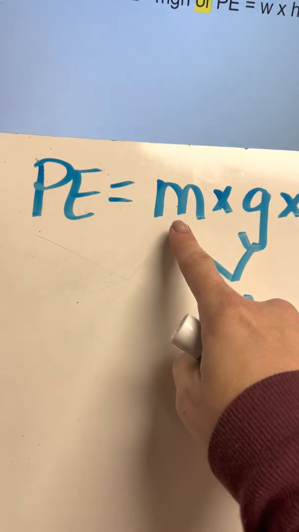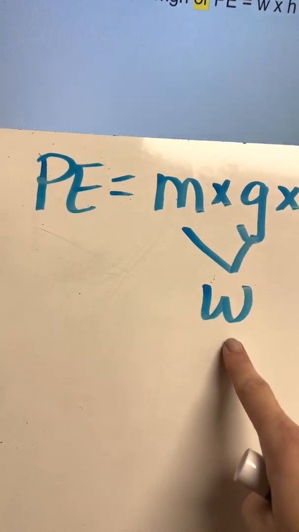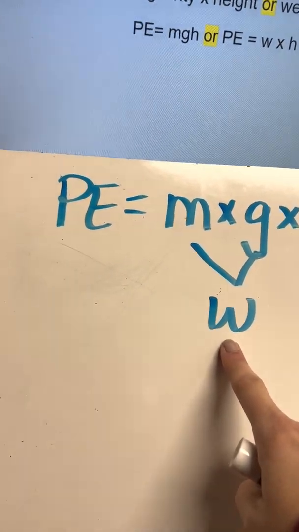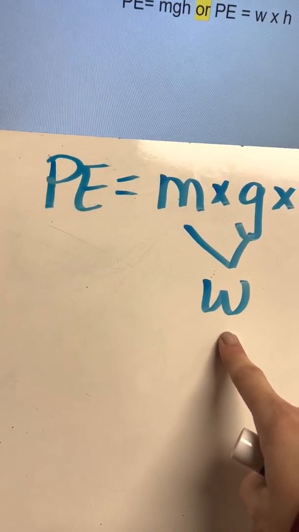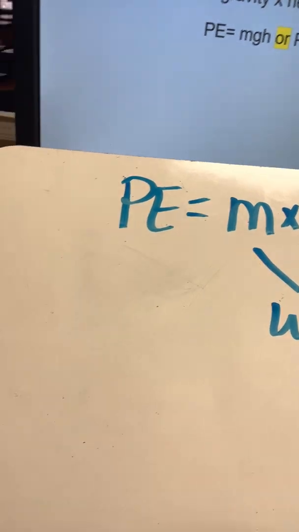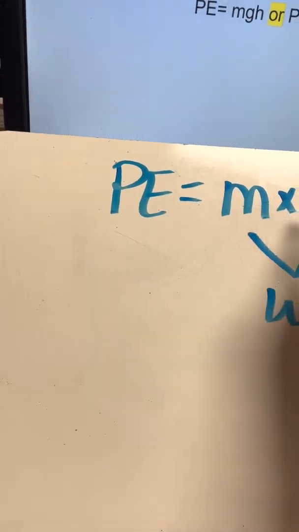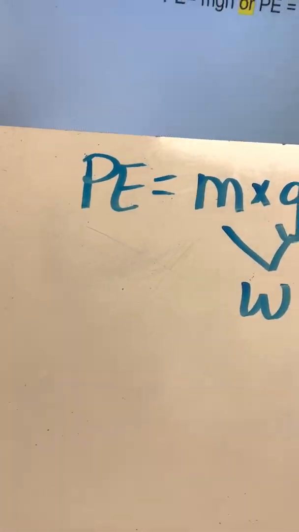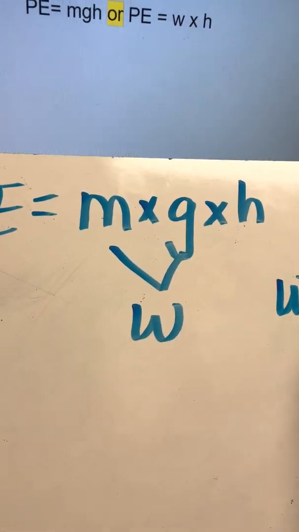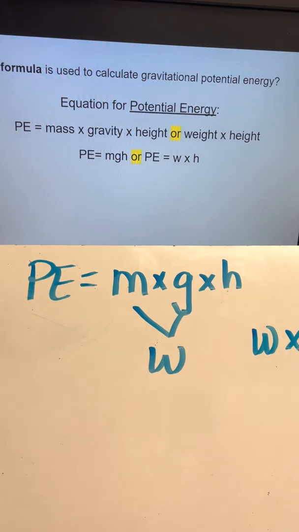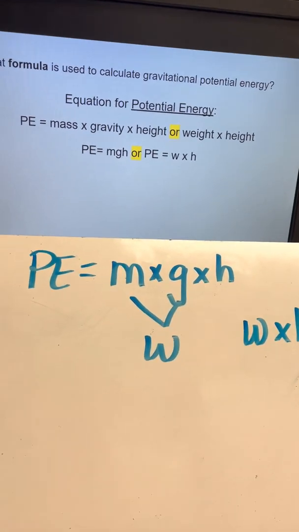So you have to look at your problem to see if they gave you the mass of the object or the weight of the object. You can either multiply mass times gravity times height, or if they give you the weight, weight times height. So that's your formula.